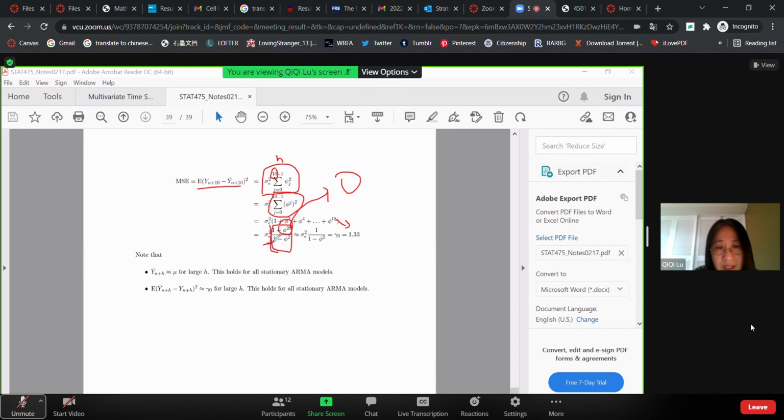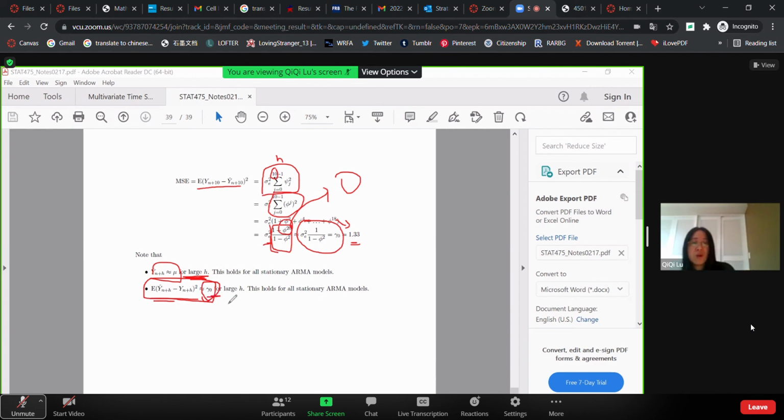So we have sigma e squared here. And you know for AR1, this is gamma 0, the process variance. So in general, for large h, your forecast value is just the process mean, and the mean square error for the long-term forecast is the process variance.